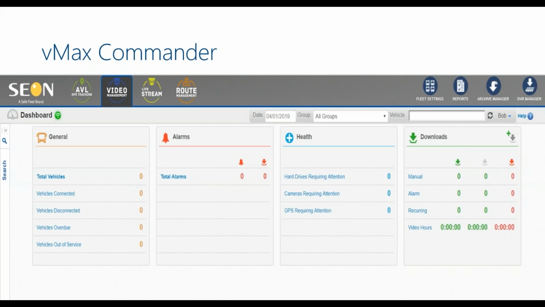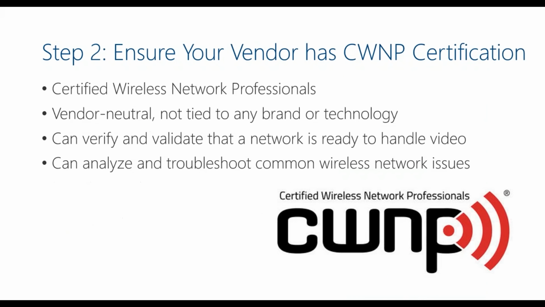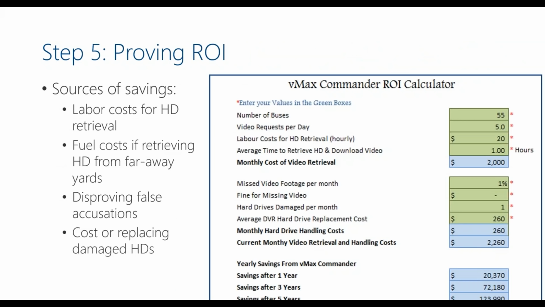Start by talking to your sales executive, and then we would get your IT department involved on a webinar with our professional engineering services department to take a look at the existing network you have. And then we would look at some budgetary numbers and proposals along with the ROI calculator and go through the 5 steps of, and don't forget to vet your existing hardware if you need to update any of the hardware or get new hardware if you're not a current Seon customer.